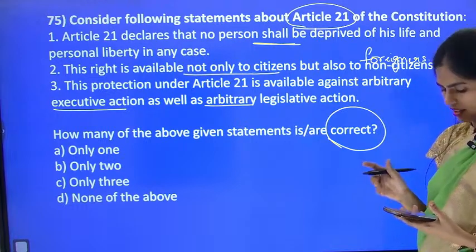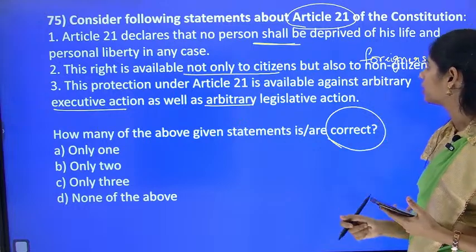Okay, 1 and 3 are correct. Raghu says 1 and 3 are right.